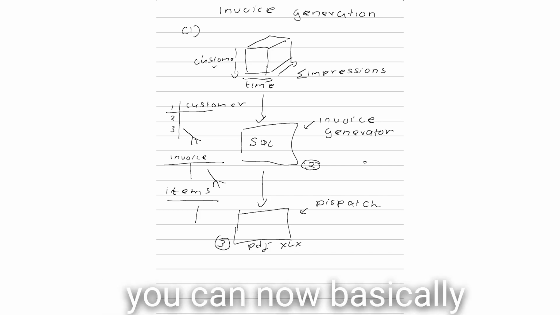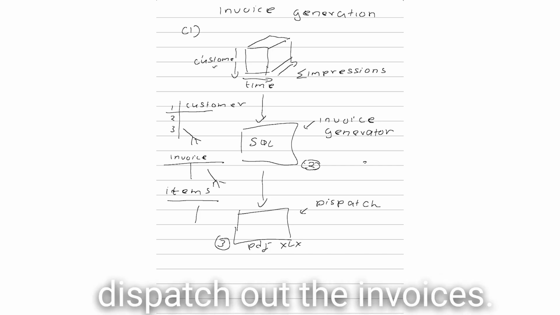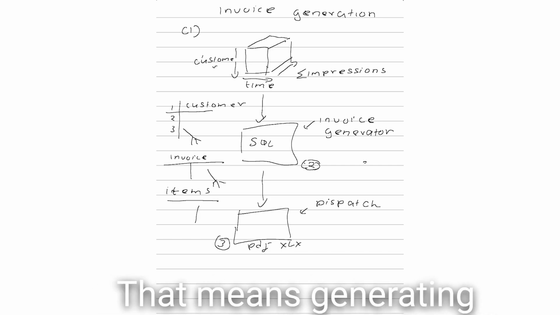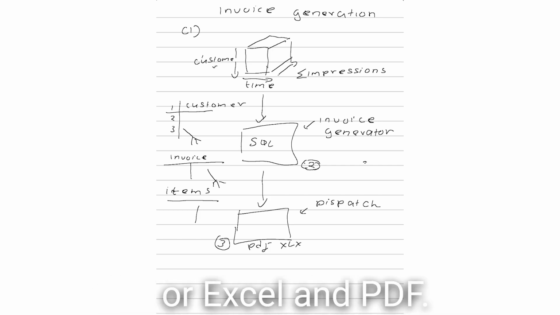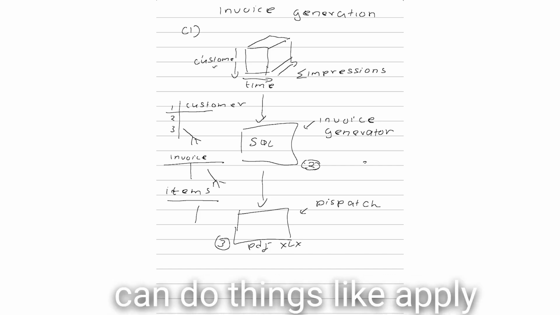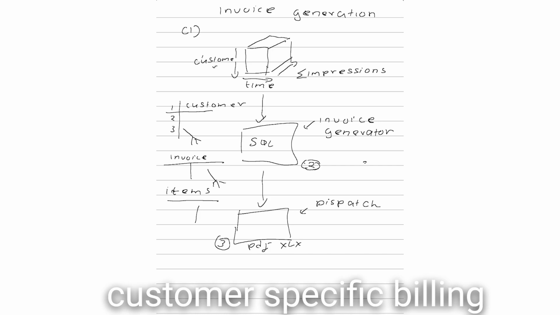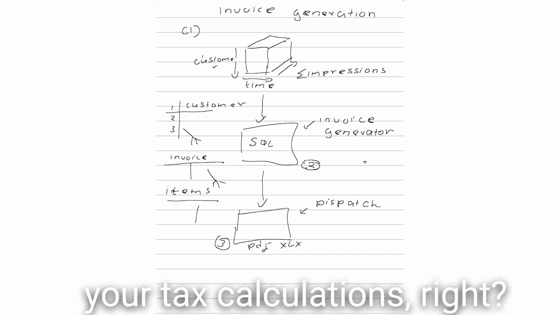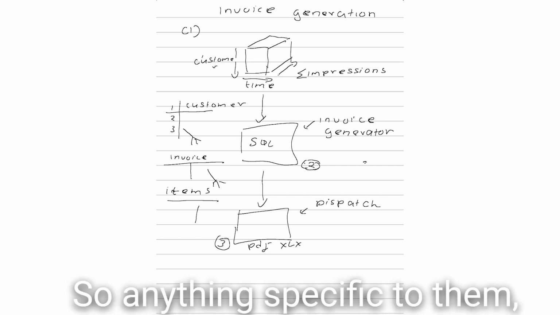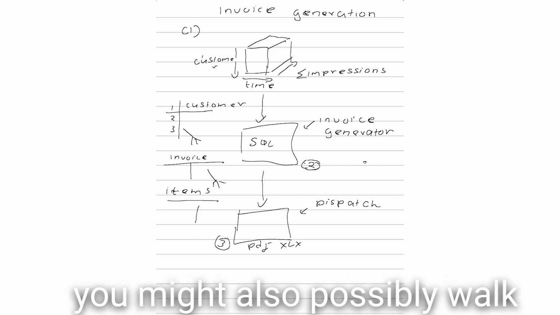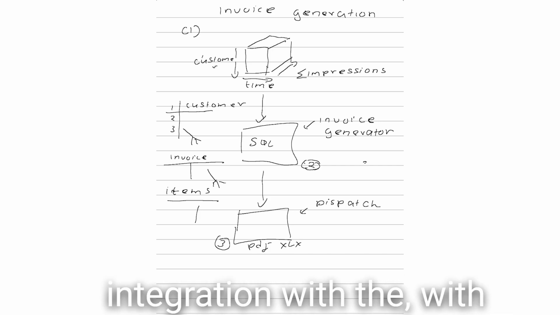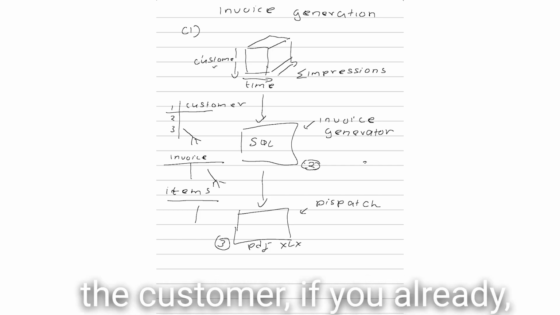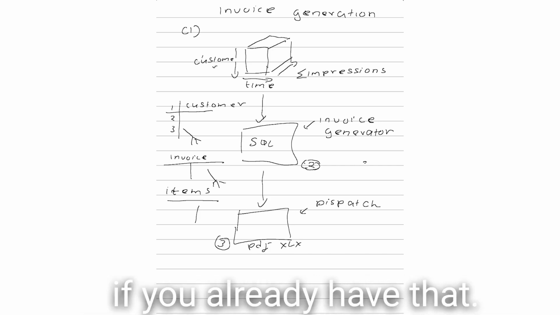Going on to the next part, you can now basically dispatch out the invoices. That means generating PDF, maybe PDF or Excel, and at this point in time you can do things like apply customer specific billing rules, discounts, and maybe even tax calculations, right? So anything specific to them. You might also possibly work through some kind of direct integration with the customer if you already have that.